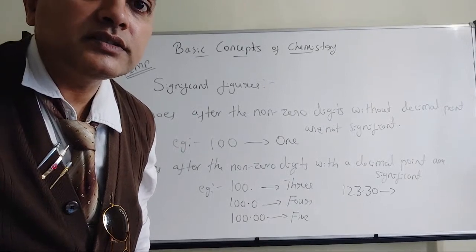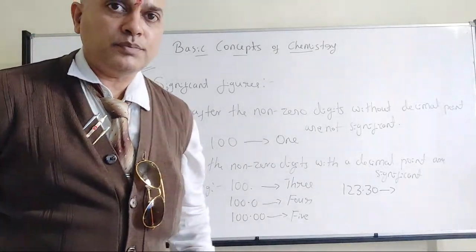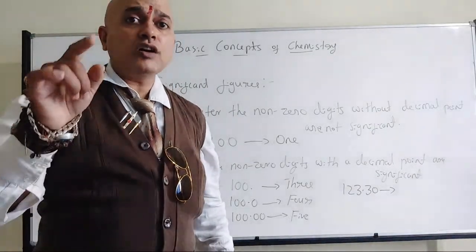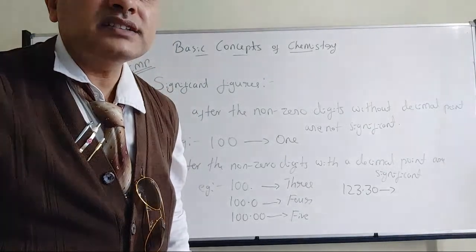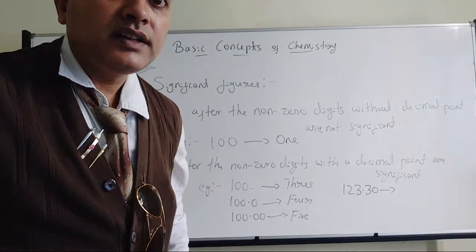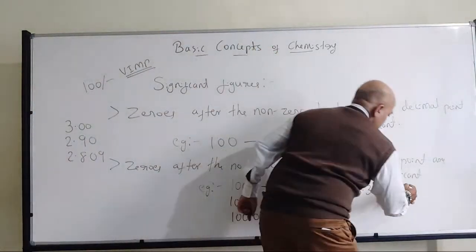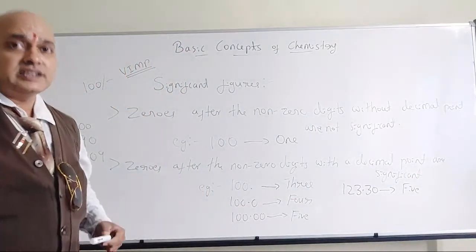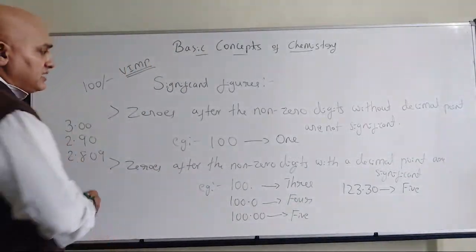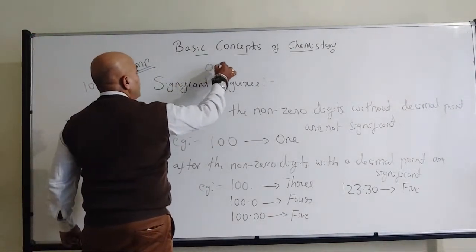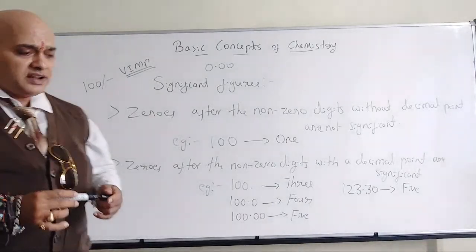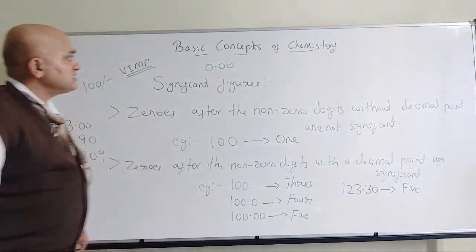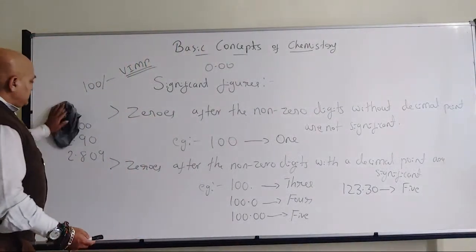I'll come to that. 0.00 does not have any significant figures. There is no non-zero number, therefore it does not have any value. Okay, you people have written 5. Yes, absolutely correct. It will have 5 significant figures. And 0.00, no significant figures because there are no non-zero digits.